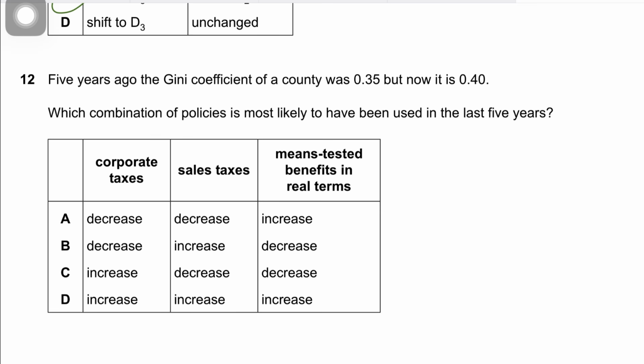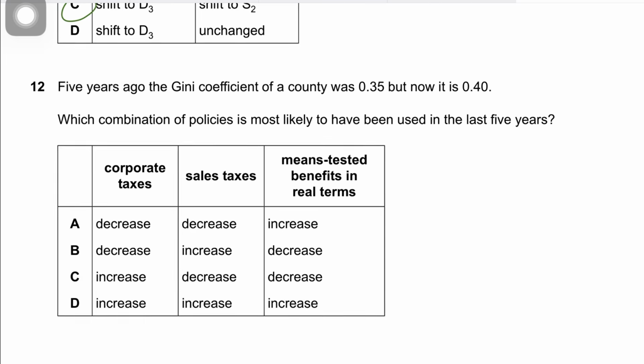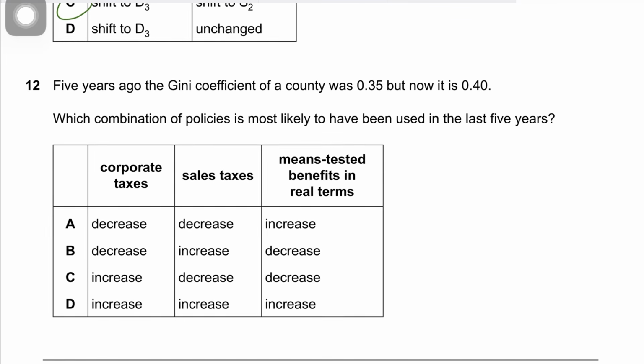So we have to identify the policies that would most likely have made the income distribution more unequal, right? And as far as what would cause this, if you look at means tested benefits, the means tested benefits have to decrease for this to happen.